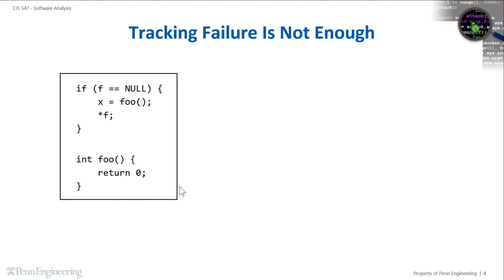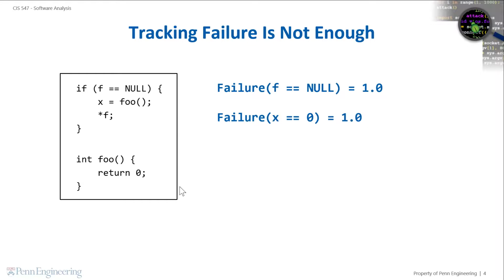Notice that in all runs of this program in which f is null, the program will fail because it attempts to dereference a null pointer. Therefore, the failure value of the predicate f equals null would be 1. However, notice that the predicate x equals 0 would also have a failure score of 1. Since whenever this call of foo is completed, we will then proceed to dereference a null pointer.